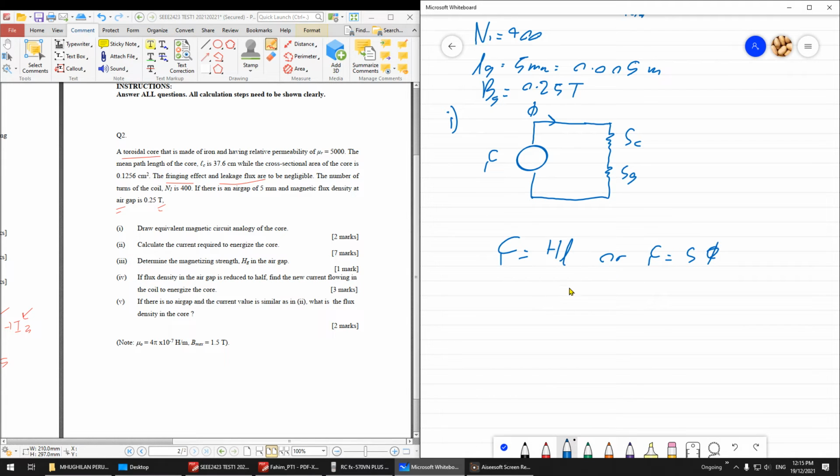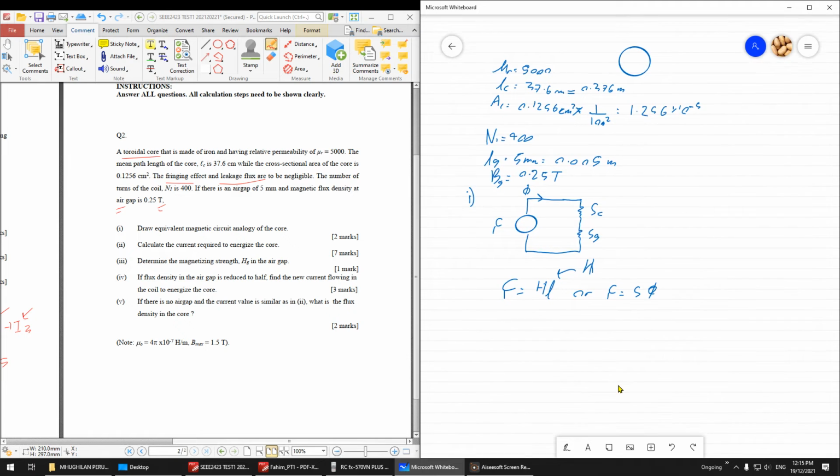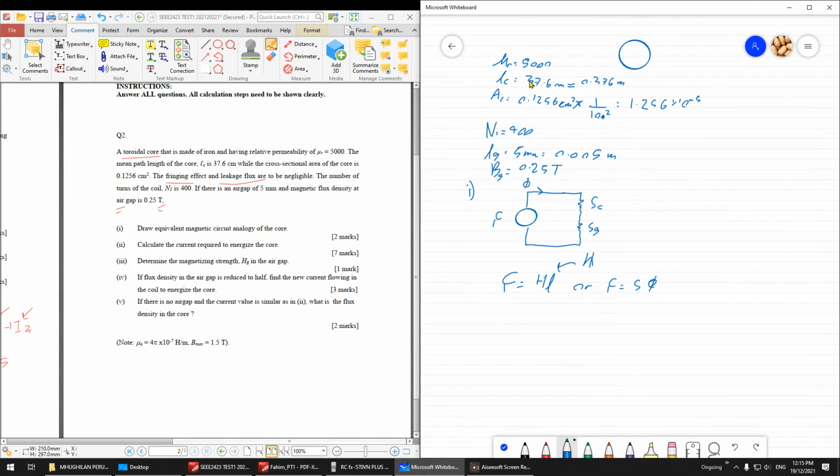You have to choose one, but for this one you need to have H information. If you look here, H is not given. Only the area and length are given.